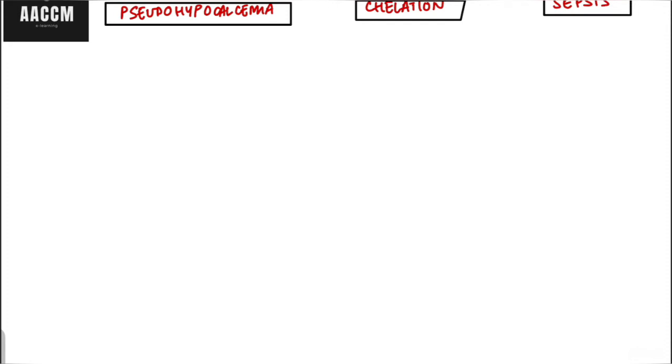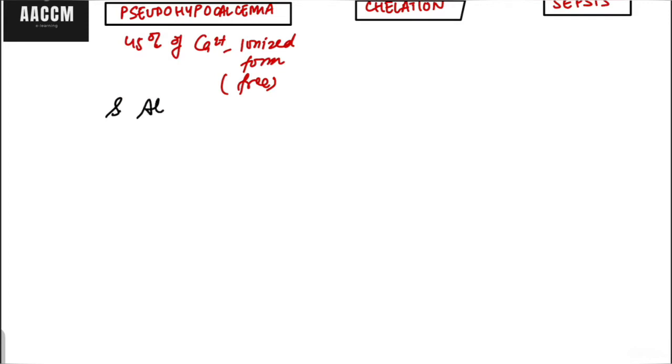Here, we should know that approximately 45% of calcium in the serum is in ionized form, right, a free ionized form, not a bound one. Now what happens when there is a change in the serum albumin?